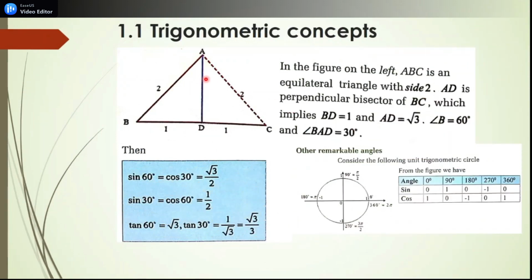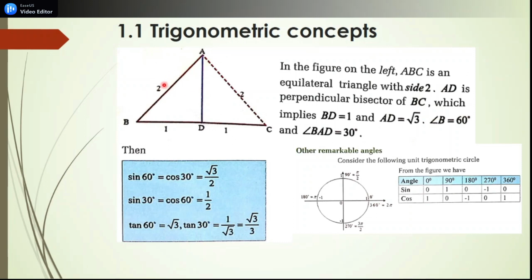We have other remarkable angles like 60 and 30 degrees. Here we have 90 degrees. Here you have 60 degrees. Here we have 30 degrees.